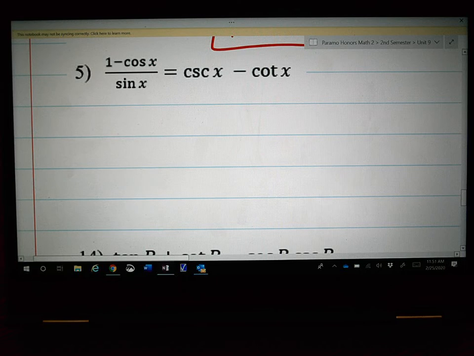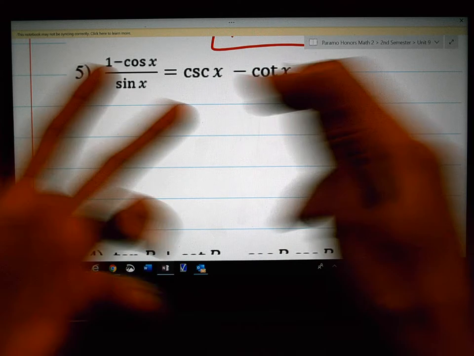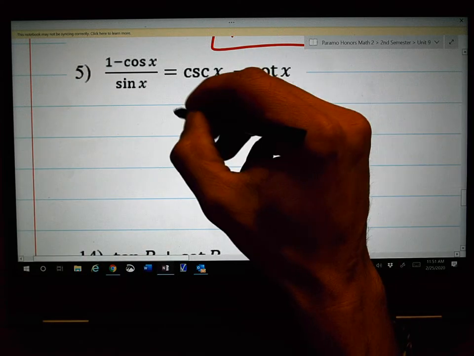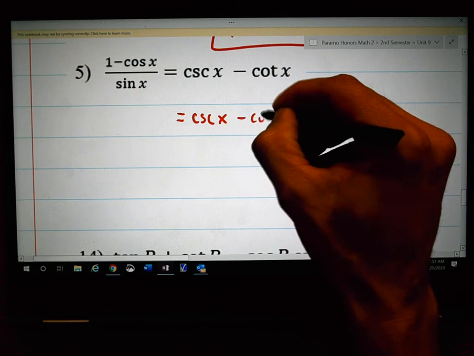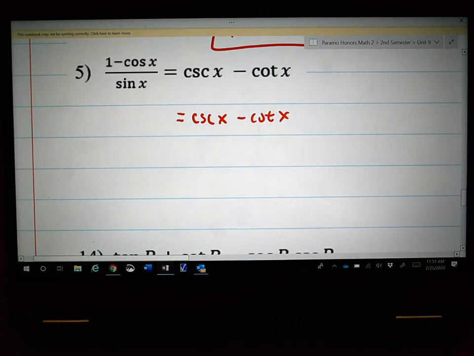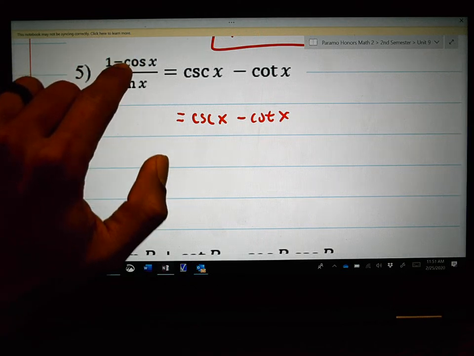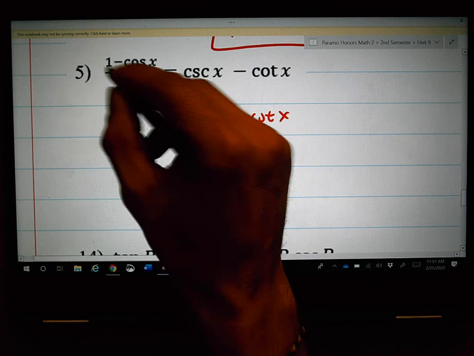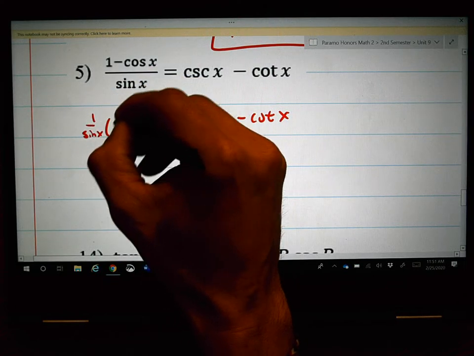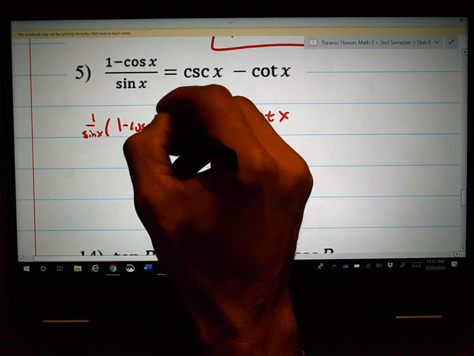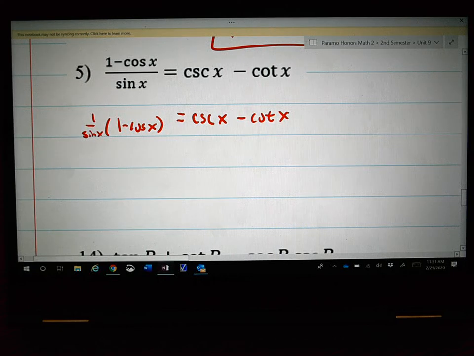This is 1 minus cosine of x, divided by sine of x, and we have to turn it into that. We're not going to be touching this side. This side is going to stay cosecant of x minus cotangent of x. This 1 minus cosine of x is divided by sine of x, so they're both being divided by sine of x. In other words, this numerator is being multiplied by 1 over sine of x.